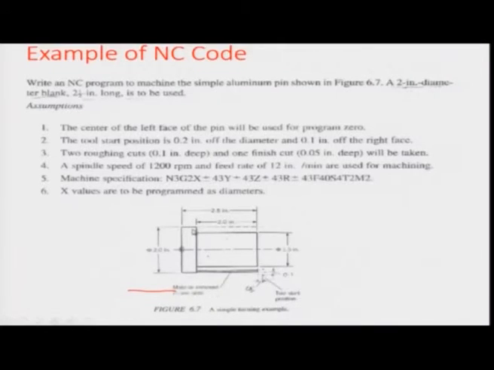So, let us look at this one example problem here, which describes the machining of a simple aluminum pin with a certain head, as you can see in this figure right here.